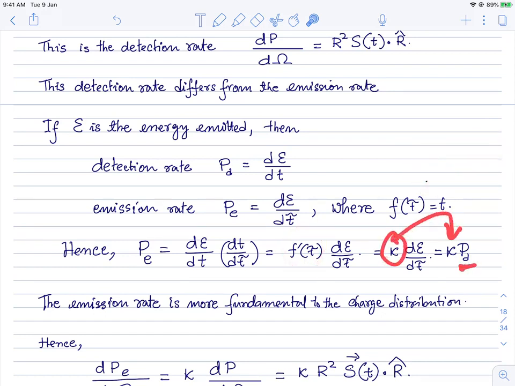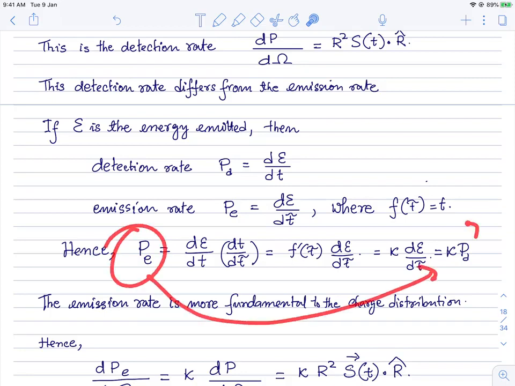If we multiply this kappa factor with the detection rate, we get the emission rate in terms of the detection rate.